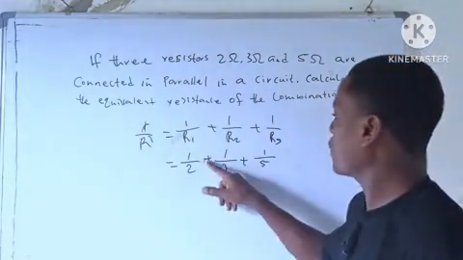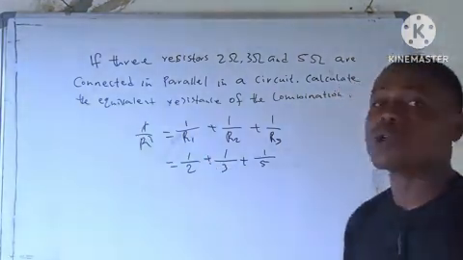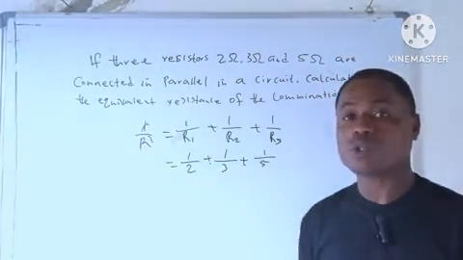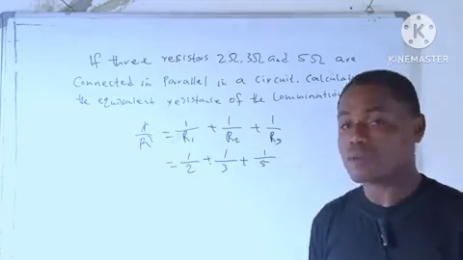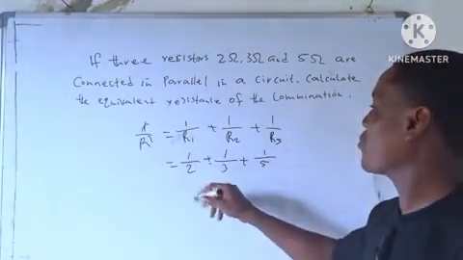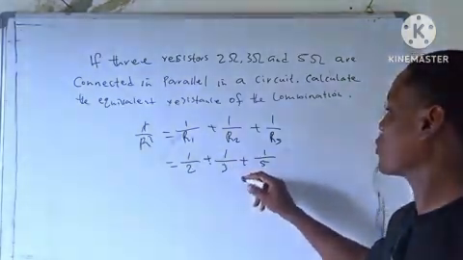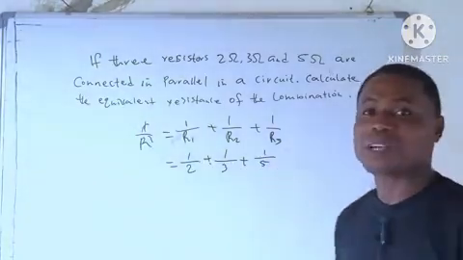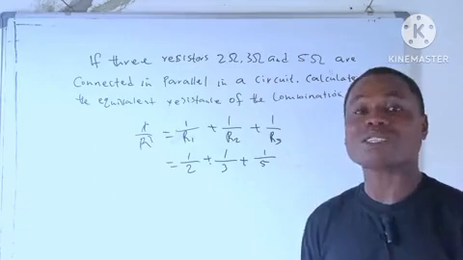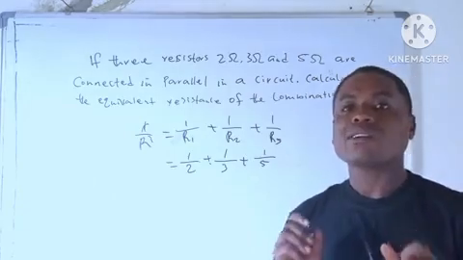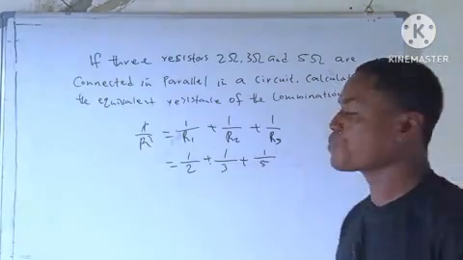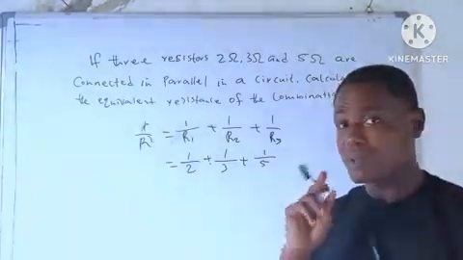Now, this is where most students will be confused. They won't even know where to start from again. We have 1 over 2 plus 1 over 3 plus 1 over 5. Where do I start from now? Almost confusing, but it's very simple. Now the first thing, listen carefully. I want to explain something.